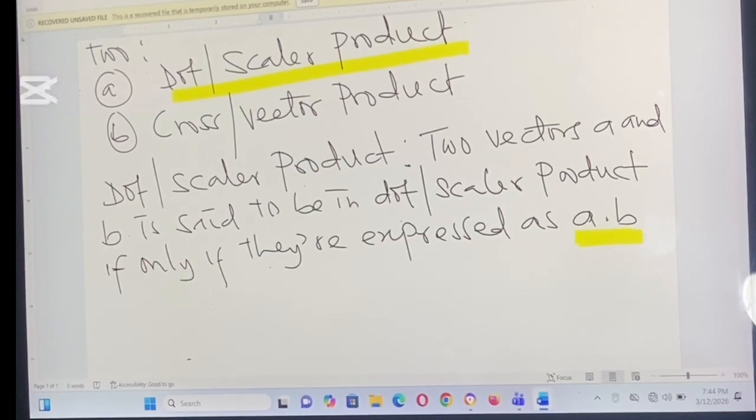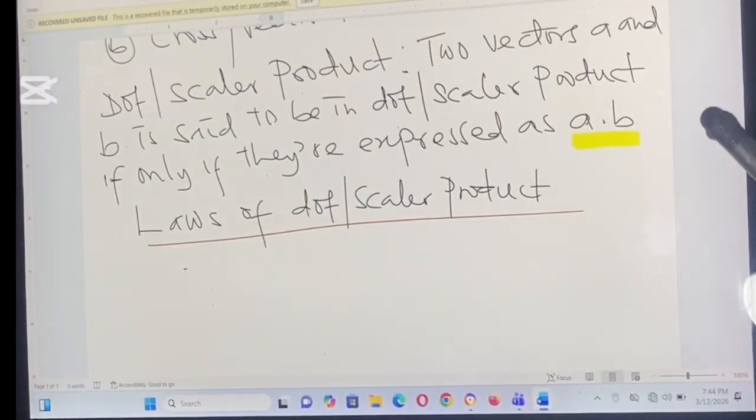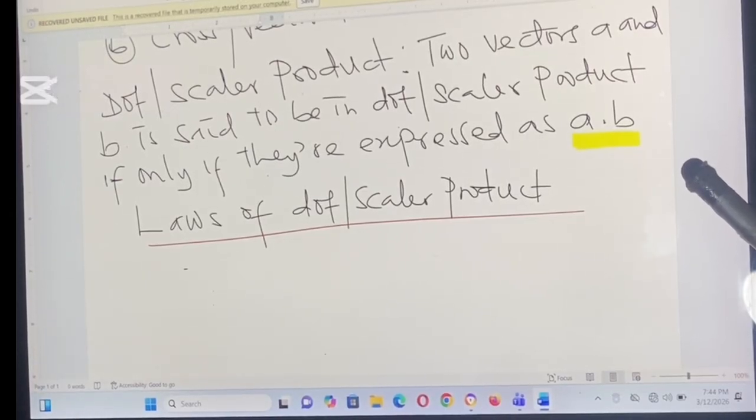Please take note. So the question now is, how do we solve dot or scalar product? Before we solve the question here, class, let's know the laws of dot product. Please write. These laws will enable us to solve most questions in dot or scalar product.